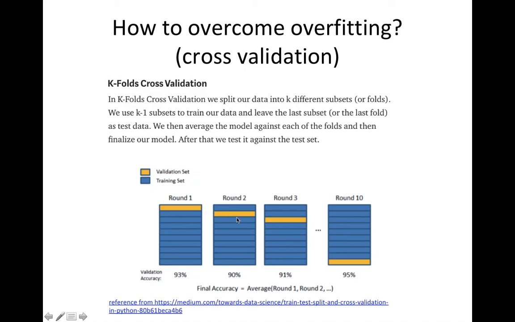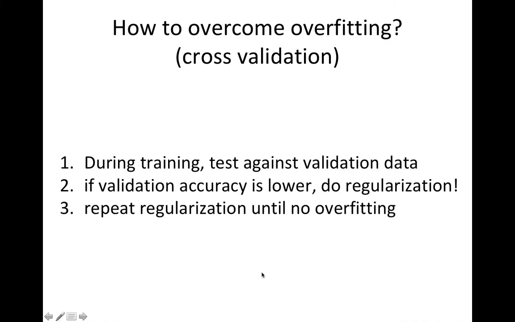So if K is 10, you will get 10 validation accuracies. You sum them and divide by K, and you will get the final accuracy. If the final validation accuracy is lower than the train accuracy, then you will need regularization in order to overcome the overfitting. Okay, so how do we do the regularization? I will do this on the next page. Repeat the regularization until there is no overfitting.